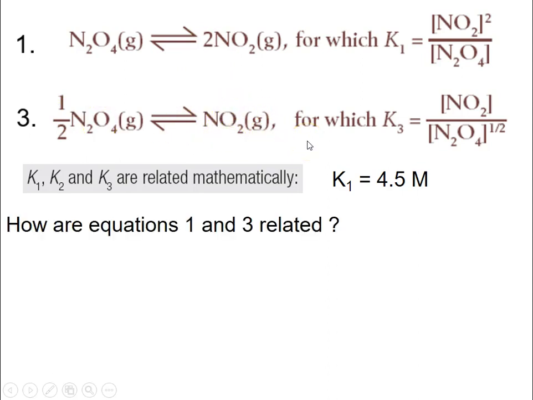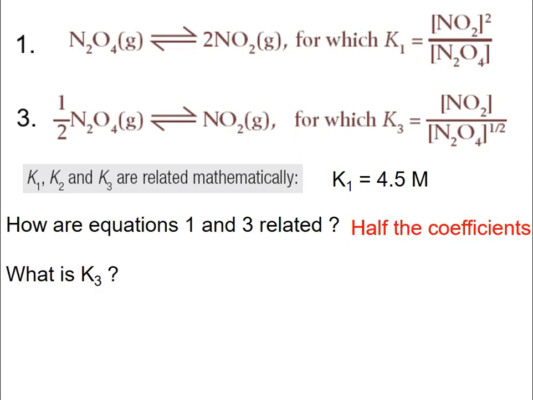Alright, so it's half the coefficient. So what's the new K value? You can see that if this was 2, then you've squared it here. But if it's 1, then you've only put it to the power of 1. So it's the square root of this.